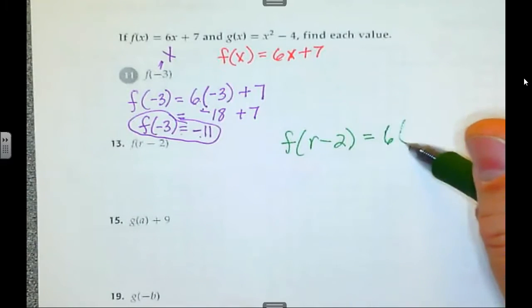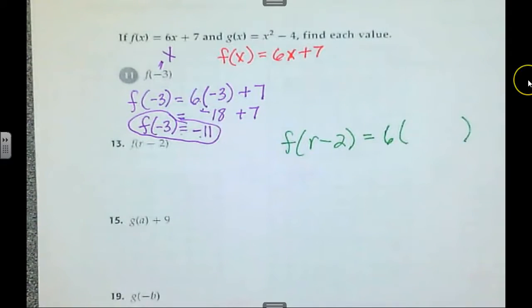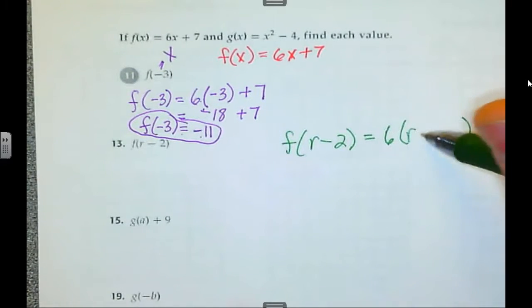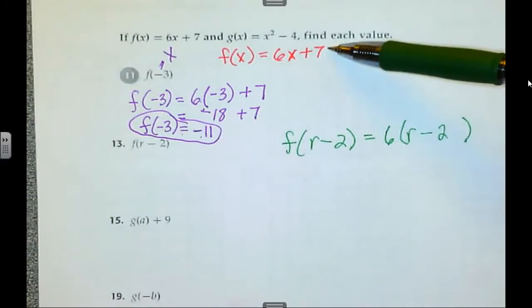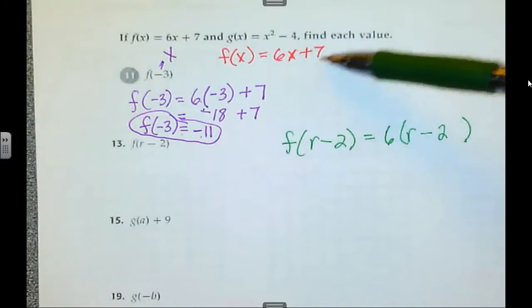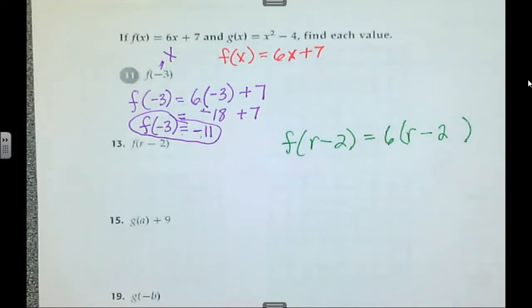Instead of x, I'm going to substitute in what? R minus 2. And what else do I have, Dewey? Plus 7.